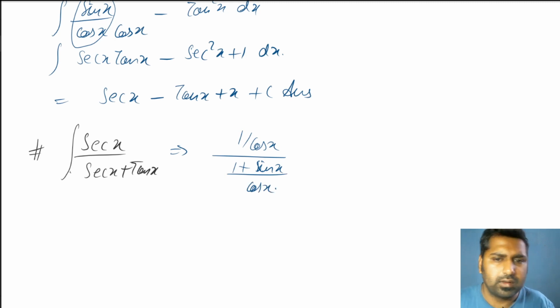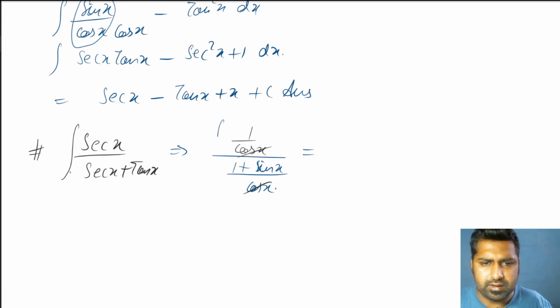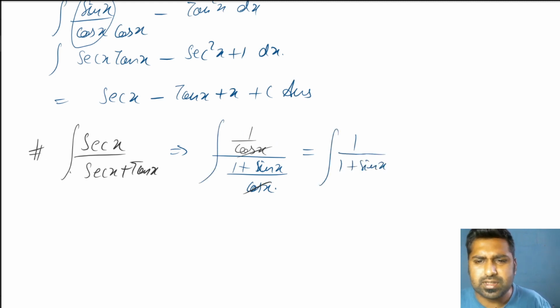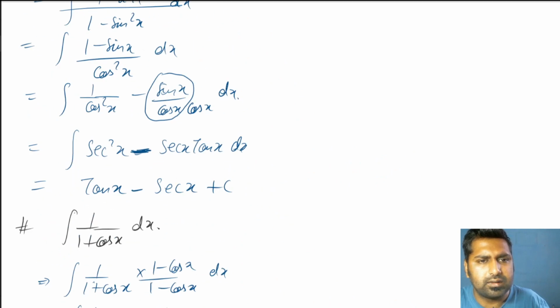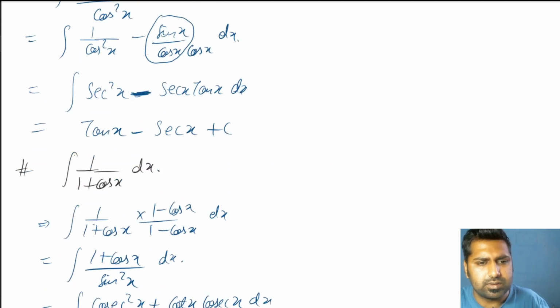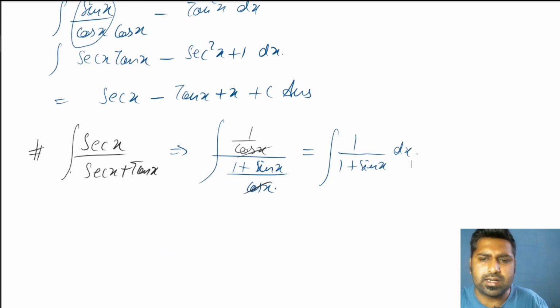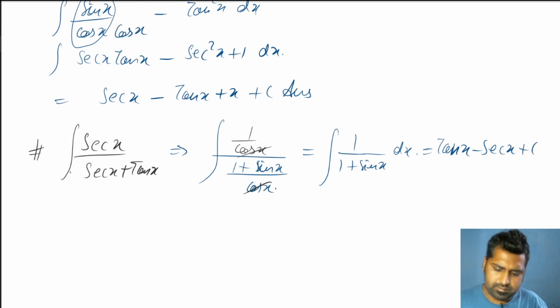Okay. Cos x cancels. So the question becomes effectively integration 1 upon 1 plus sine x. I think that was the first question that we did. Okay, so no need to do this again. Same as this question, first one, 1 plus sine x. So tan x minus sec x plus c. So I'm writing that directly. This is tan x minus sec x plus c. Okay.